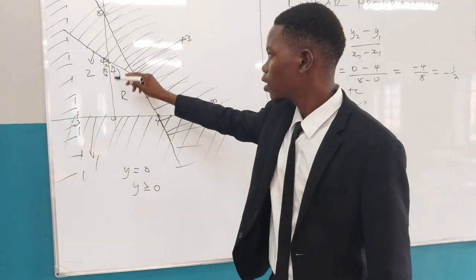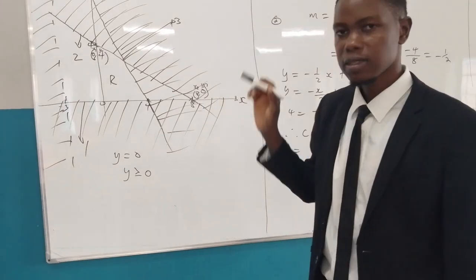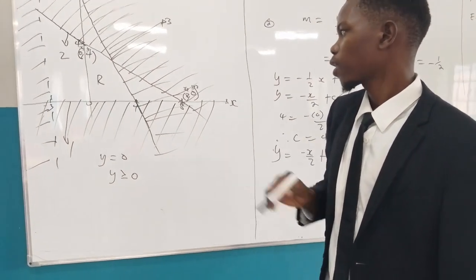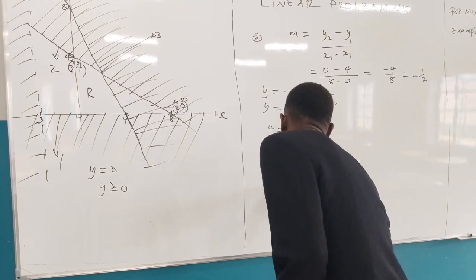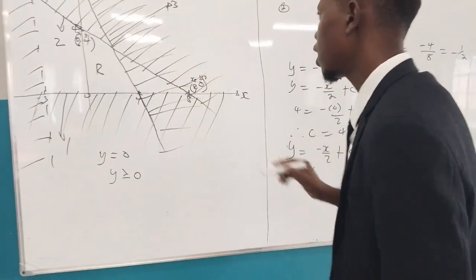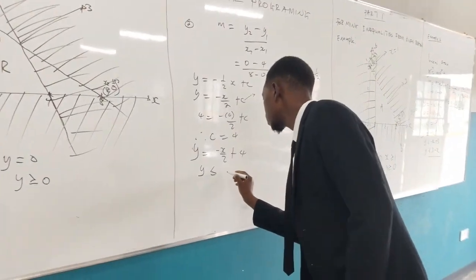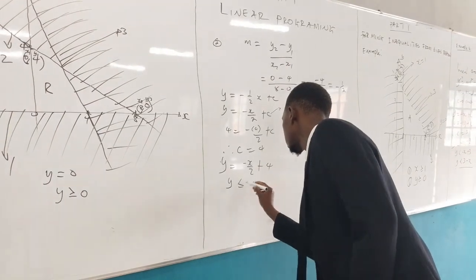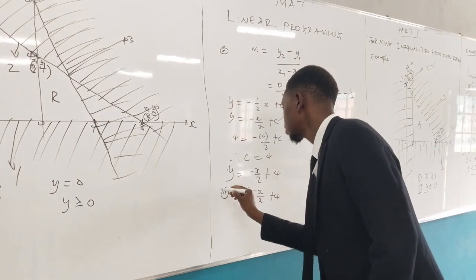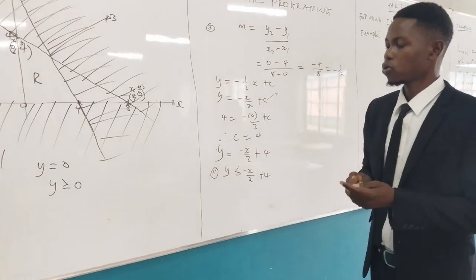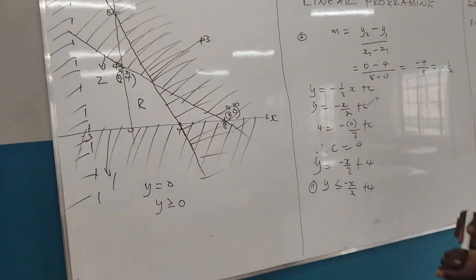So you can see the remaining region is the numbers that are less than 4 as well as less than 8 respectively. Therefore, our inequality is going to be y is less than, considering the line is solid, less than or equal to negative x over 2 plus 4. This is our second inequality. So we're going to do the same with this third inequality.